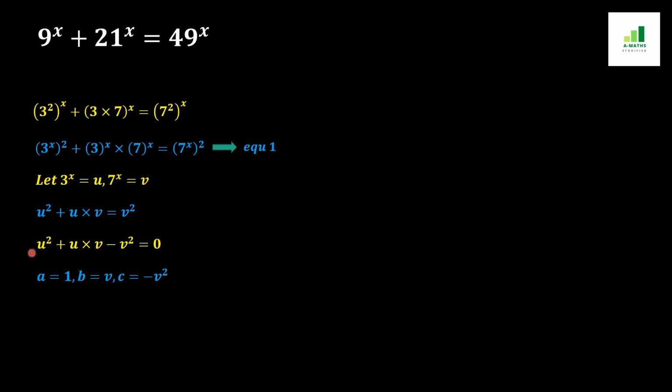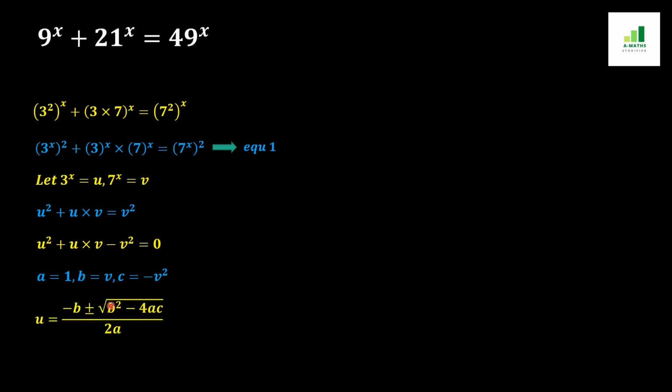How? Because the coefficient of u square is 1, which is a. The coefficient of u is v, which is b, and the third value having no variable is c, which is minus v square.